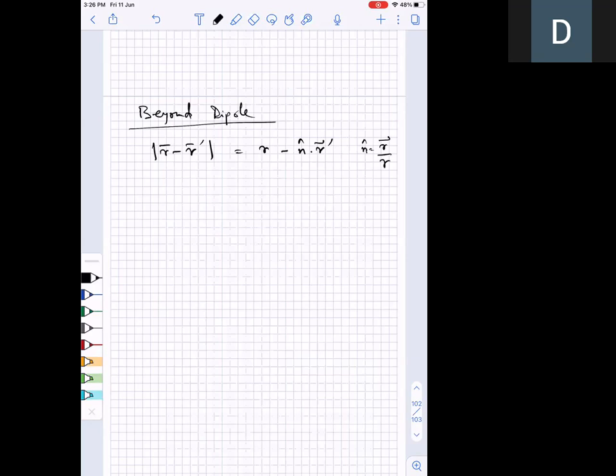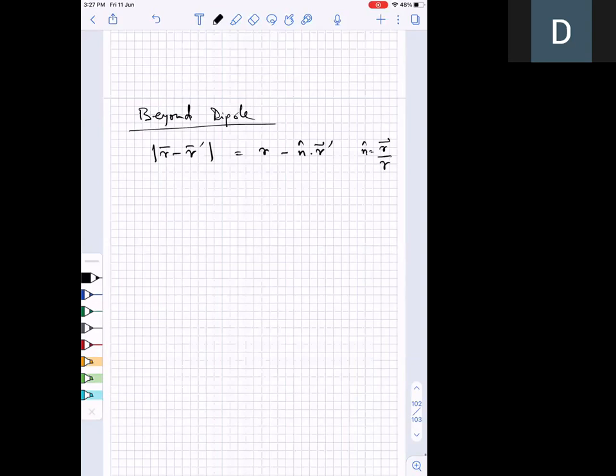Now, if we carefully look at this expansion, for the dipole we basically neglected the second part. We just had the R part of the dipole. Going back to the dipole and the assumptions we took, we didn't have the n dot R prime part, we just had the first part. If we take the second part, then we have a next-level contribution due to n dot R prime by C. This was only dipole.